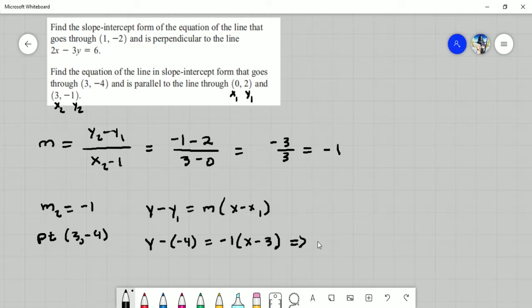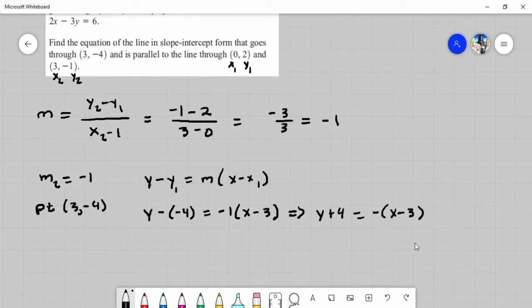So y plus 4 equals negative times x minus 3. I was already thinking about distributing the negative instead of just rewriting it like this, so I'll leave it as it is and redo it on the next line. y plus 4 equals negative x plus 3.